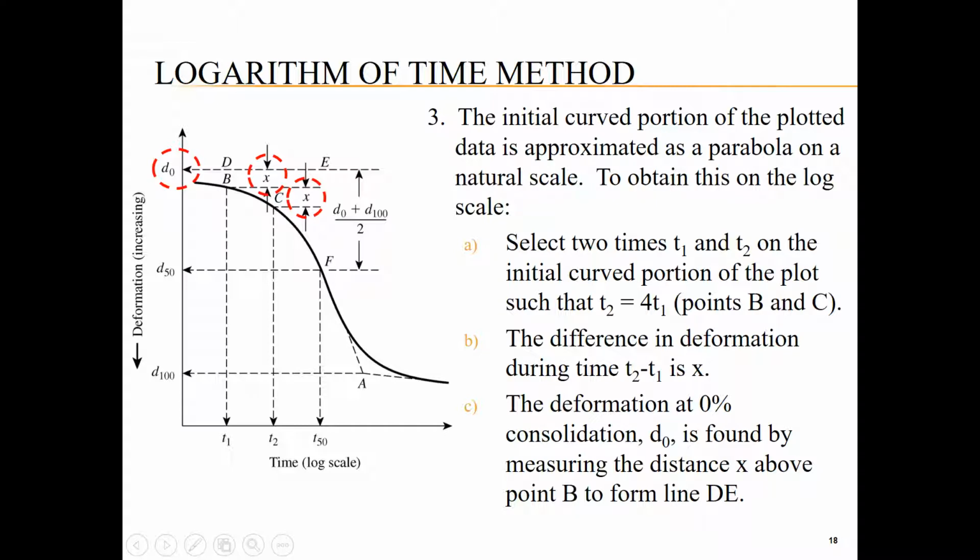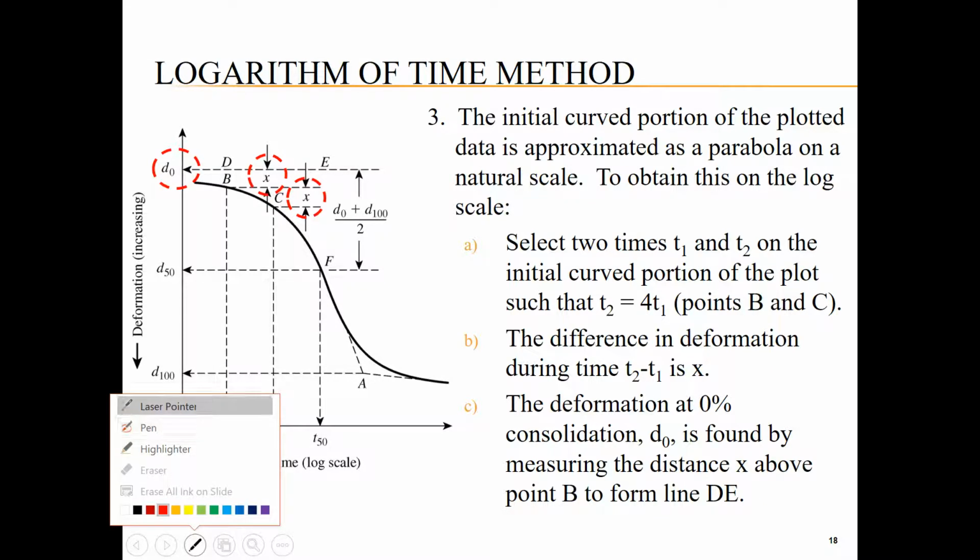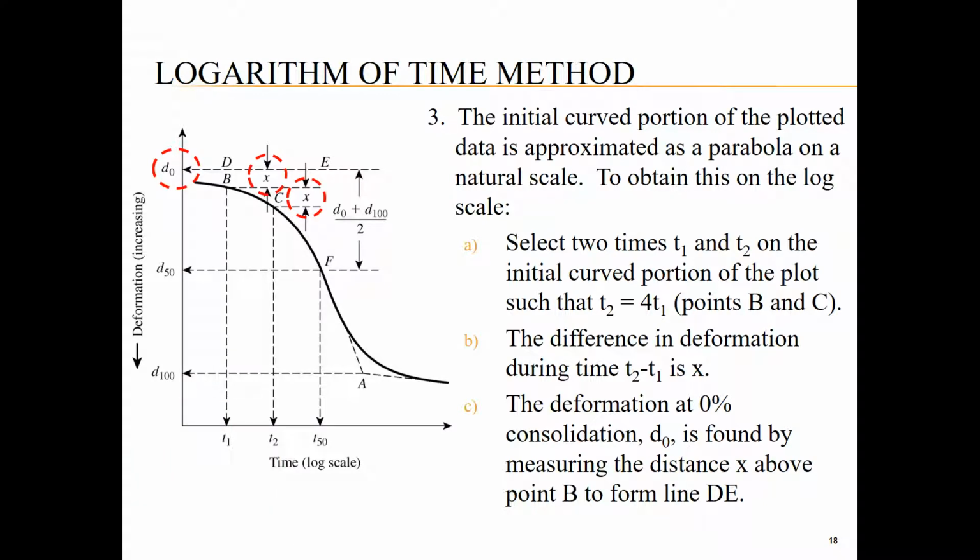The third step is a little bit complicated. Along this axis, you need to choose two times, T1 and T2, and they have to satisfy T2 equals 4 times T1. That means, based on how you select T2, your T1 will be around here.